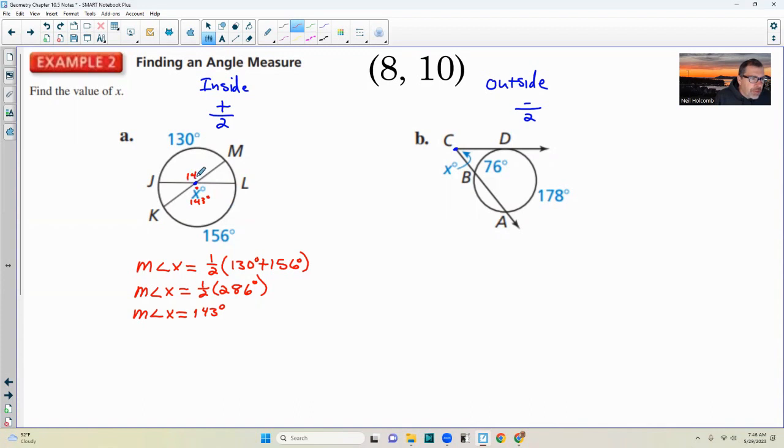So therefore, this is 143 degrees because they are vertical. This is a straight line. What I'm pointing out here is once you find one, you can usually find the rest of the circle. So if this is a straight line, 180 minus 143 is 37 degrees, and this is 37 degrees. Now, since these are 37 degrees, these two arcs right here add up to double 37, or 74 degrees.